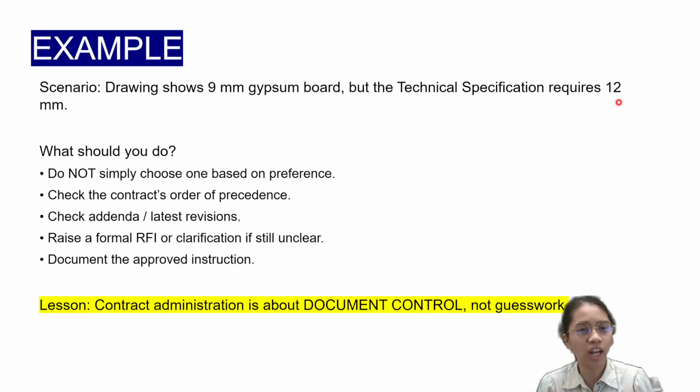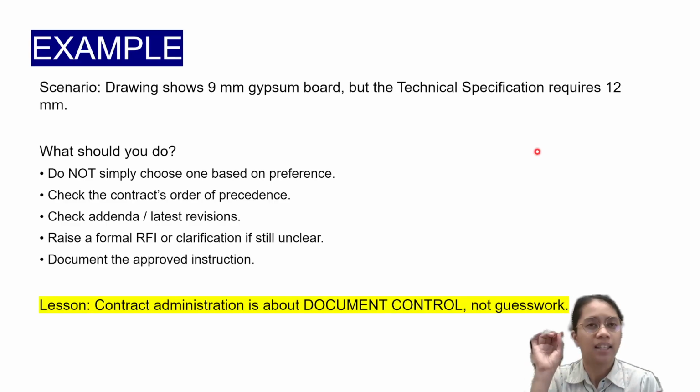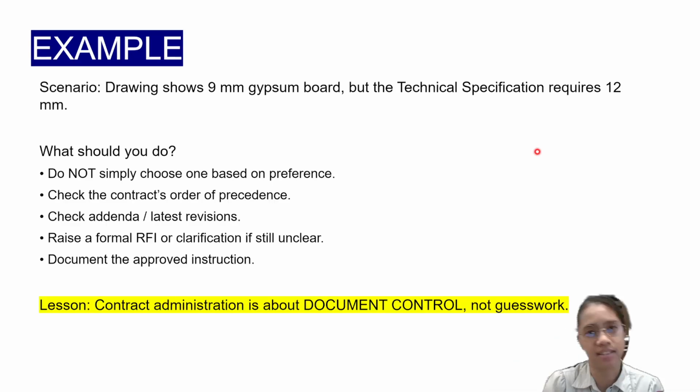So if you order a different thickness, that will not be aligned with the design. That will also suffer in terms of the usage of the client. So we really need to be mindful with this one. That's why we are discussing this topic for you to know how to decide as a construction management specialist in terms of contract documents and document hierarchy.